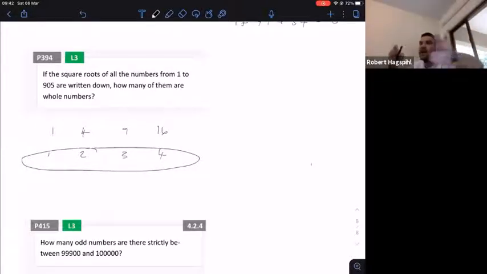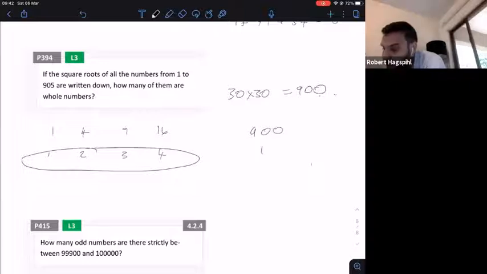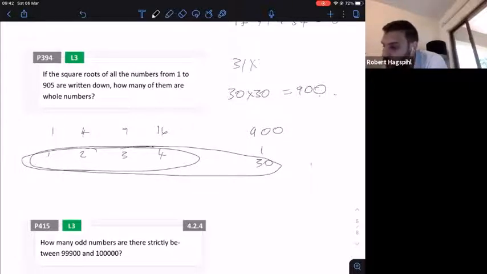I just need to know at what point does it end? At what point can I not include it anymore? So very simply, I know that 30 times 30 is equal to 900. So 900 is in because it will give me a square root of 30. So I definitely have 30. The question is, what is 31 times 31?